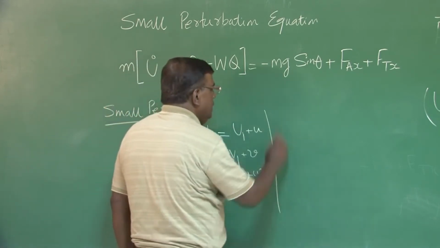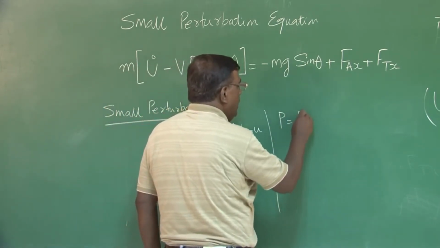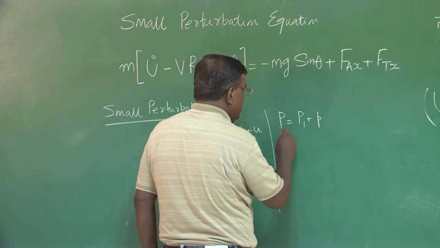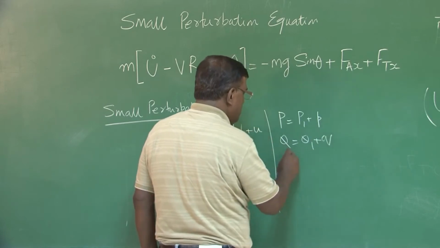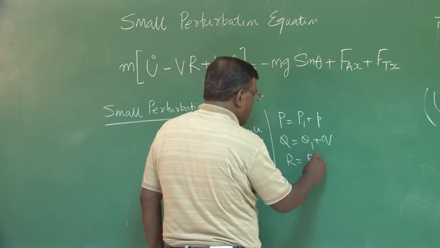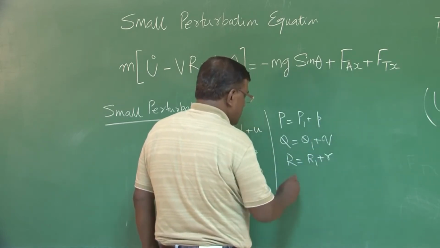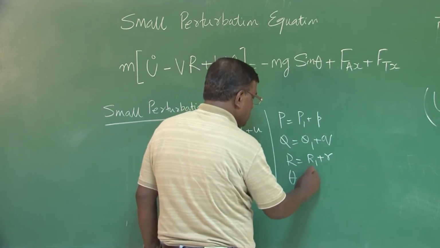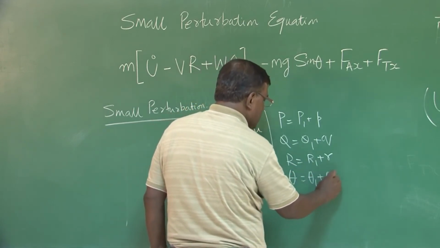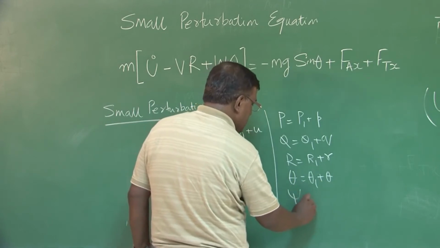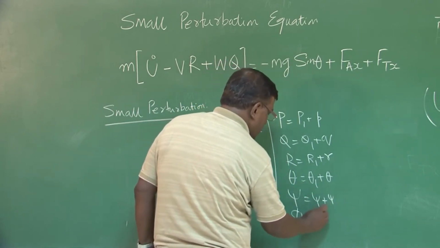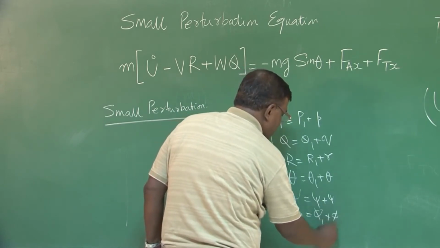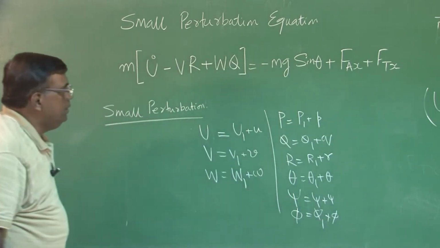Similarly, P I write as P1 plus small p, Q as Q1 plus small q, R, R1 plus small r. So, theta, theta 1 plus small theta, psi, psi 1 plus small psi, phi, phi 1 plus small phi.